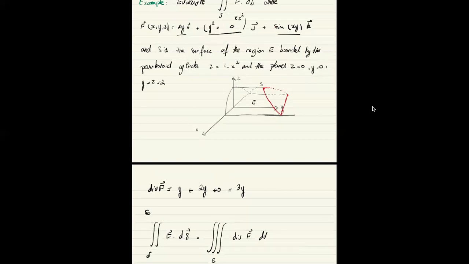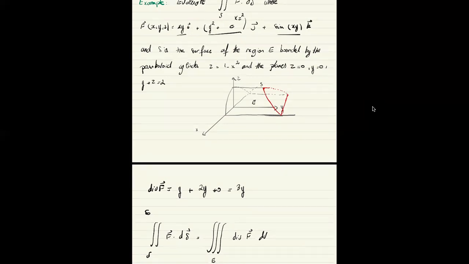You have to see it as a type 2 region, right? You can also do it as a type 1 region, possible. But the only problem is you will have to split it into two.